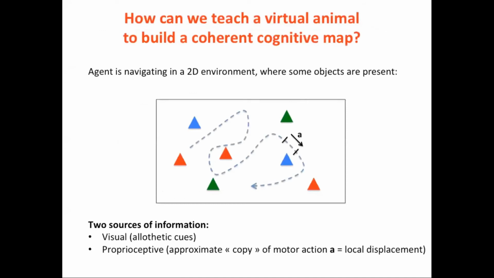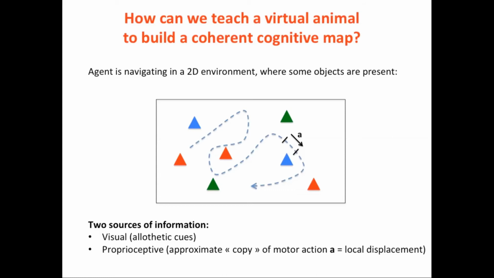So I will consider some agent which is navigating in a 2D environment, and there are some objects present in this environment, just to make the environment not uniform. And the animal, or the virtual animal, the agent, will have access to 2 sources of information, as we believe is the case in reality.